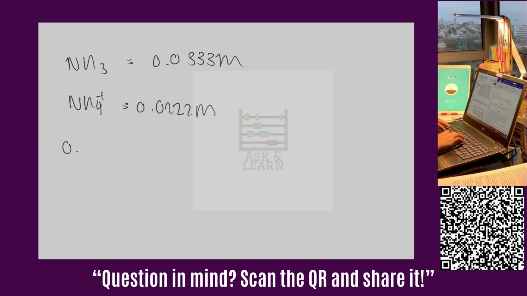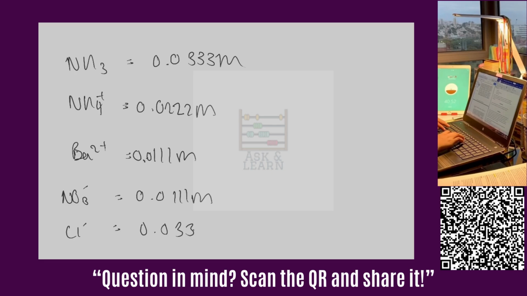Then we have Ba2 plus, that is 0.0111 molar, NO3 minus, 0.0111 molar, and Cl minus, that is 0.0333 molar.